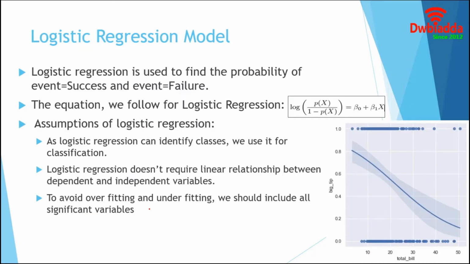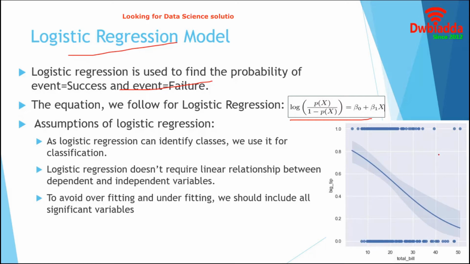In this section, we will consider the logistic regression model. This is mainly used in classification problems. It is used to find the probability of success and failure. We basically use a logistic function which looks like a linear equation. It keeps the value of y in the range between 0 and 1.